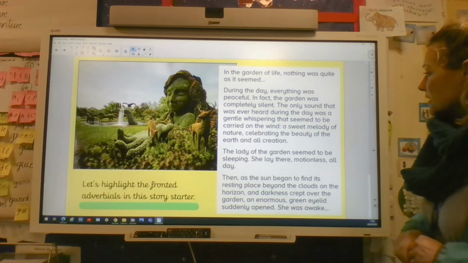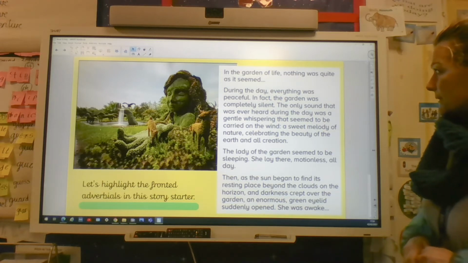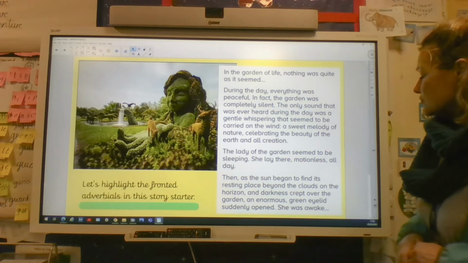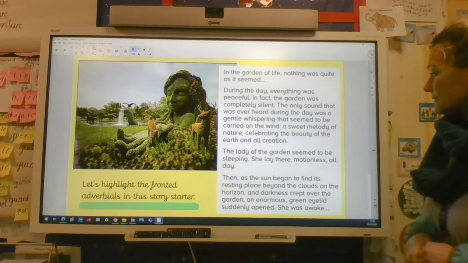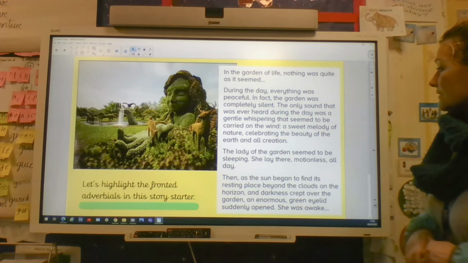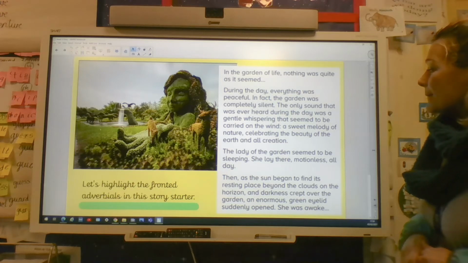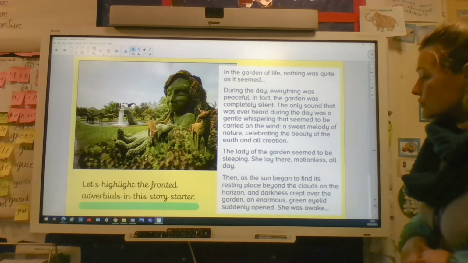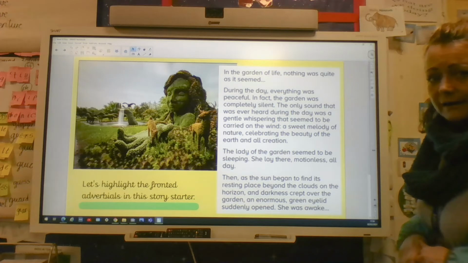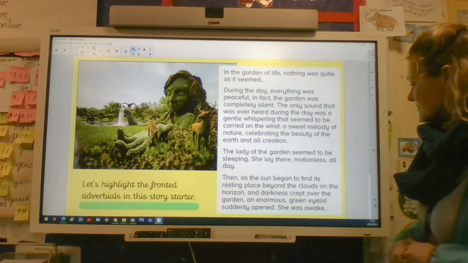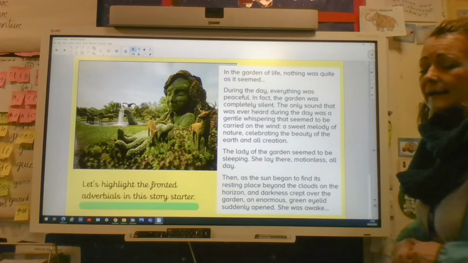The lady of the garden seemed to be sleeping. She lay there, motionless, all day. Then, as the sun began to find its resting place beyond the clouds on the horizon, and darkness crept over the garden, an enormous green eyelid suddenly opened. She was awake.